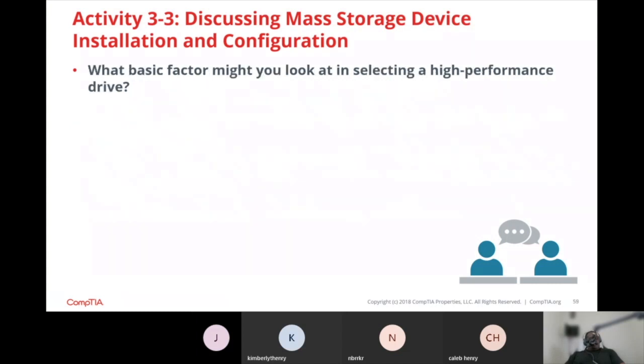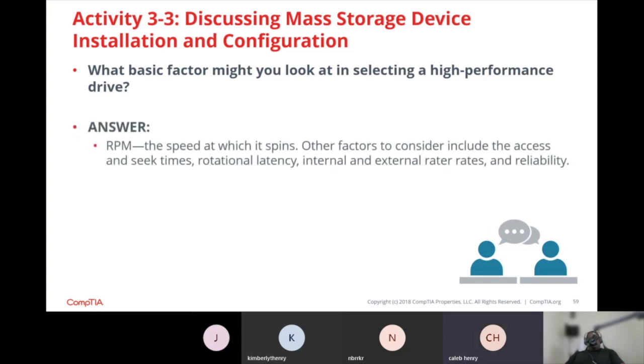What basic factor might you look at in selecting a high performance drive? The RPM. So on the hard disk drive, it's the speed at which it spins.